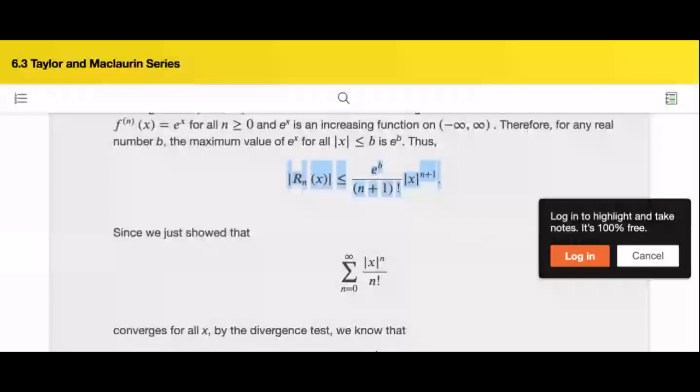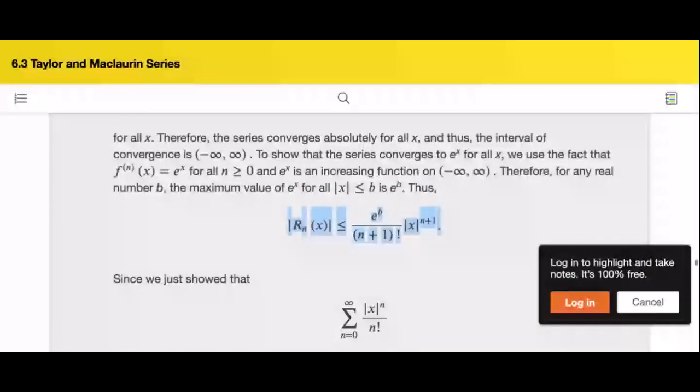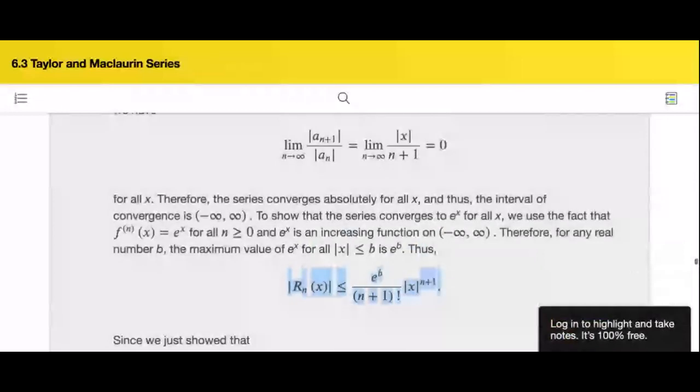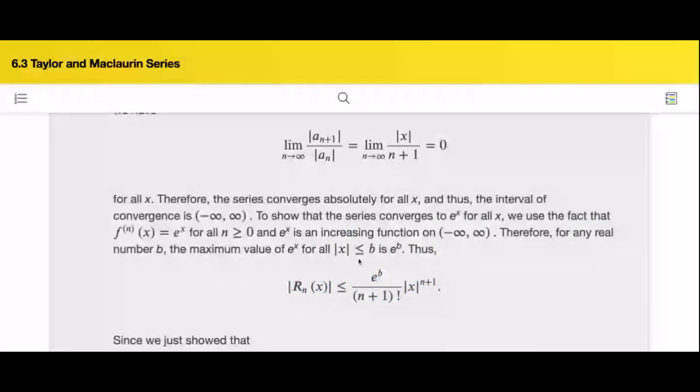So where does this come from? Maybe that's your question, right? Why is the maximum value of e to the x for all absolute value of x less than or equal to b equal to e to the b? Because the function is just e to the b, right? Okay, all right. Yeah, so this line just with the equal sign.